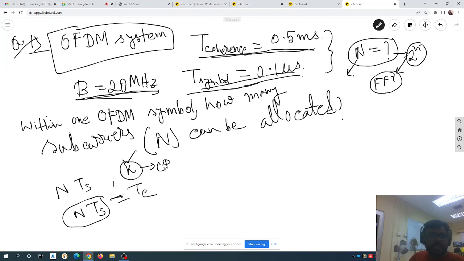So this should be at least the condition: Tc should be greater than N Ts. If I take the equality, like an upper bound, it should not change within this Tc. So what should be N? N should be Tc by Ts.